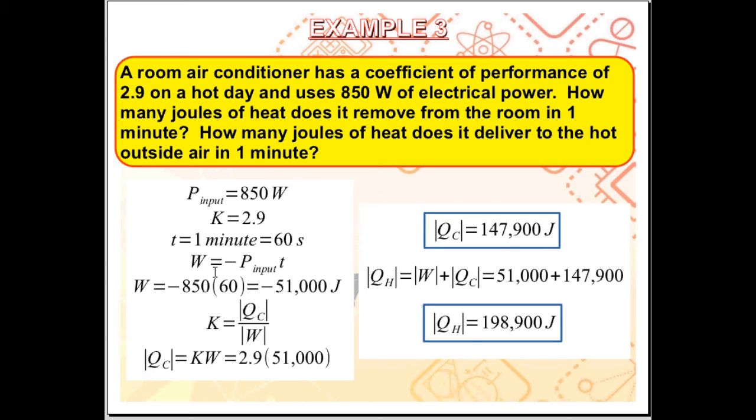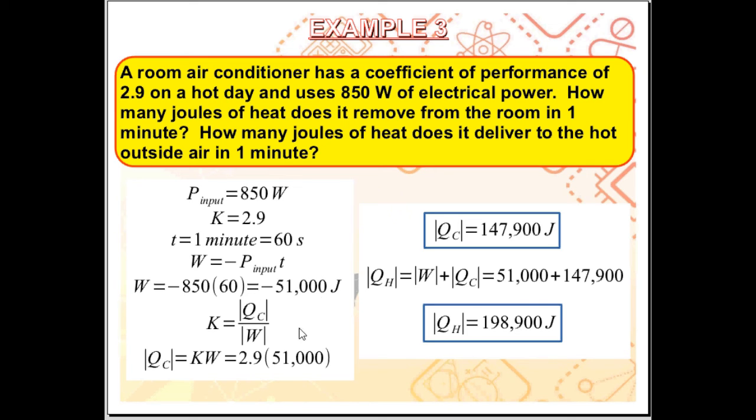So work is being done on the system, so negative work done: negative P input times time. We know P input as well as the time. We are able to calculate the work done to be negative 51,000 joules.